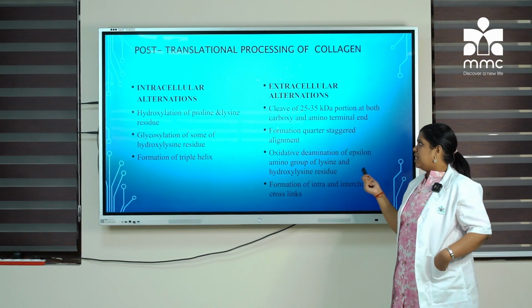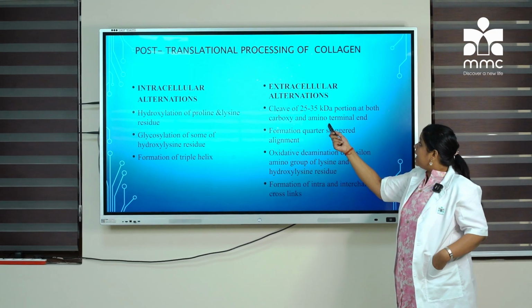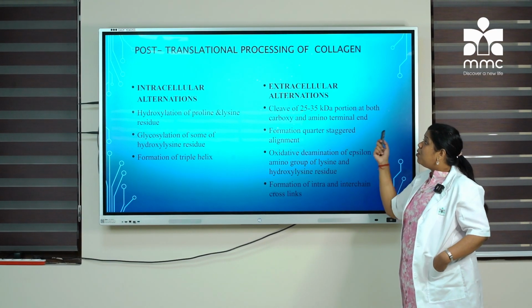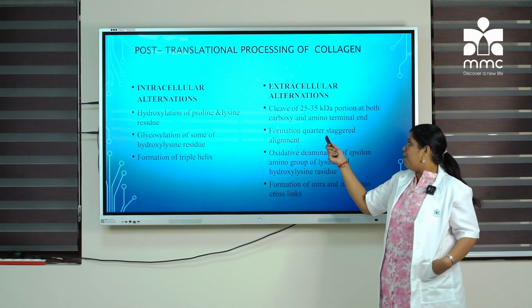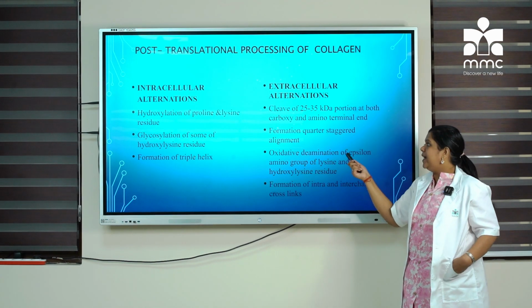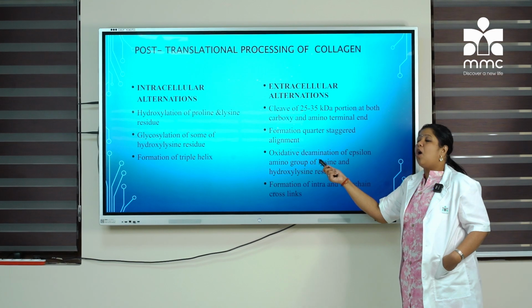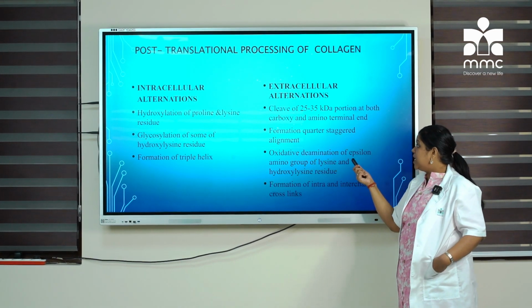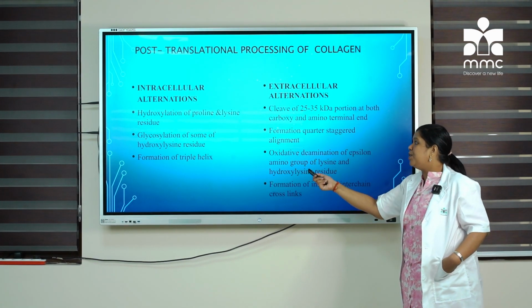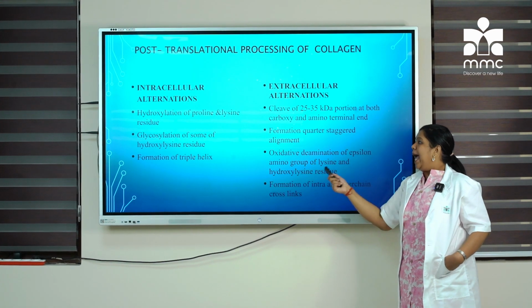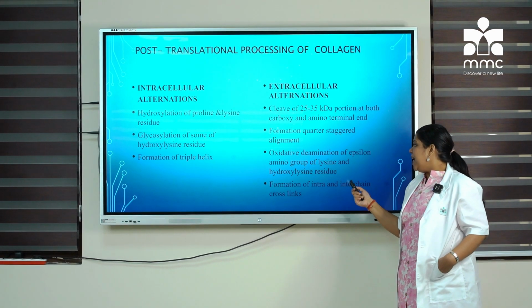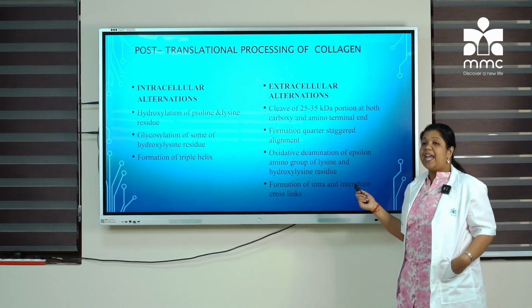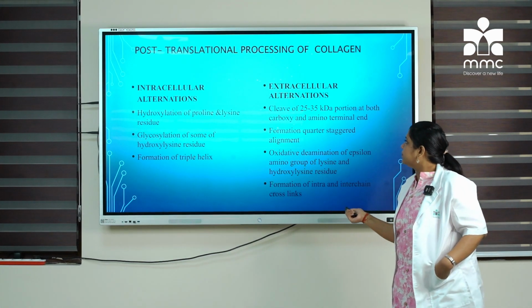Then extracellularly there is cleavage of the portion at both the carboxy and amino terminal ends. Then the formation of quarter staggered alignment and the oxidative deamination of the epsilon amino group of lysine and hydroxylysine residues, and formation of intra and interchain crosslinks.